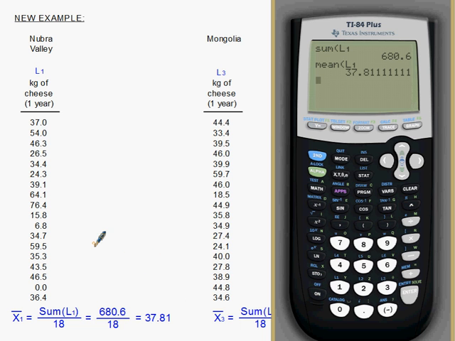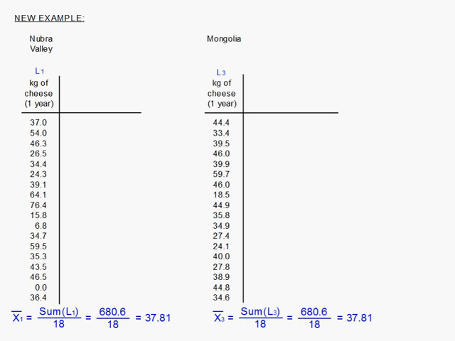If there's a quiz or a test or something like that, and I ask, please show how to calculate the mean, then I want to see this. But if the question isn't show how to calculate mean, then you can use this function, and that's fine. So now let's clear that. Let's continue over here.